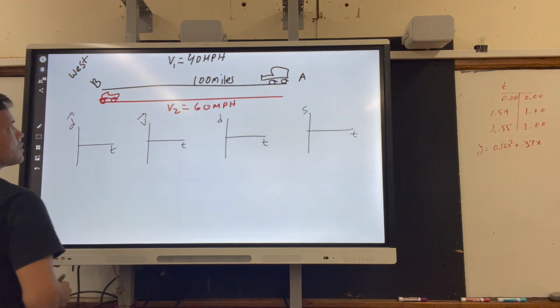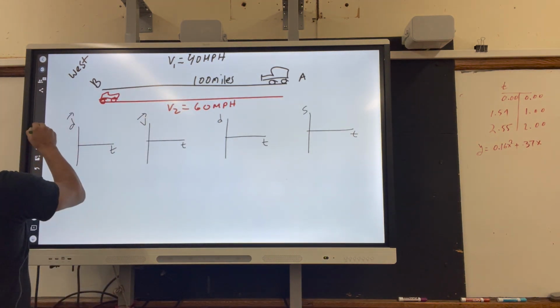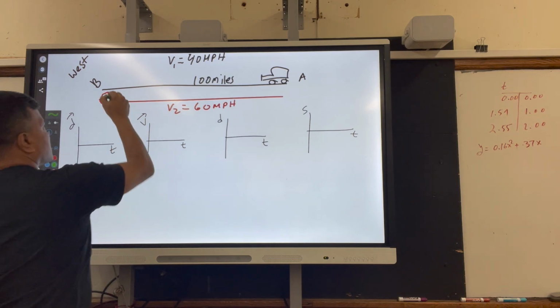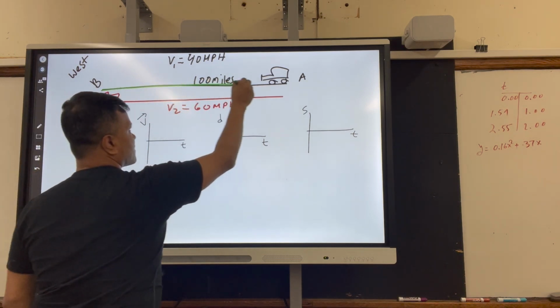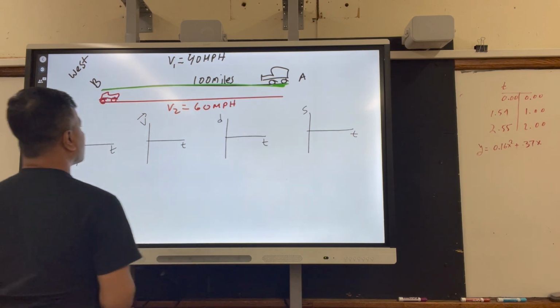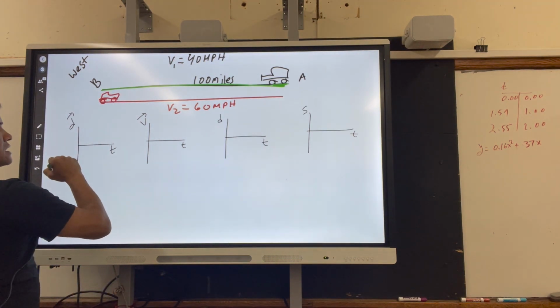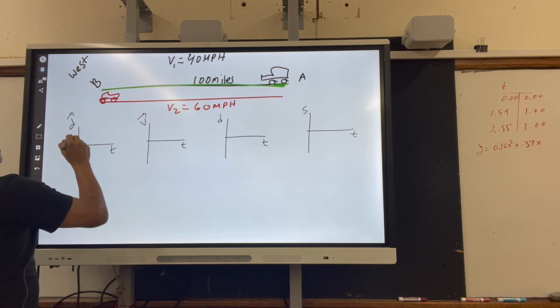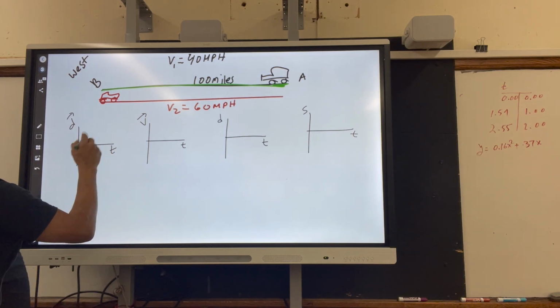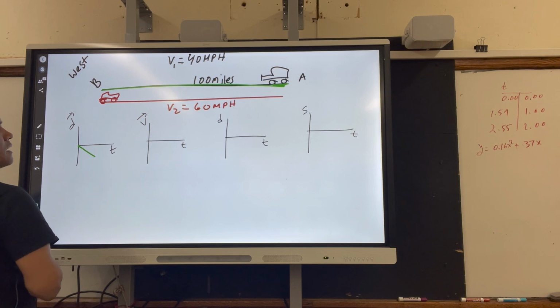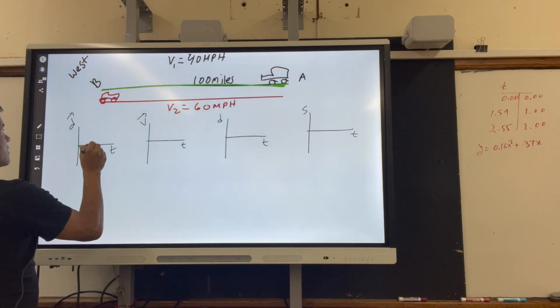Okay, let's make it green. This one, let's make it green. The green car is moving to the west, from distance 0. Move to the west for how long? 2.5.